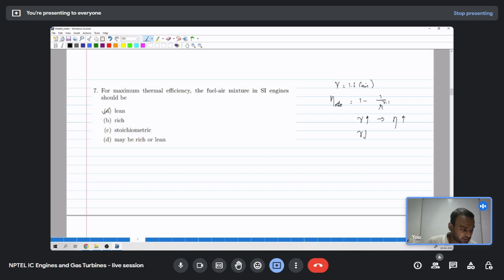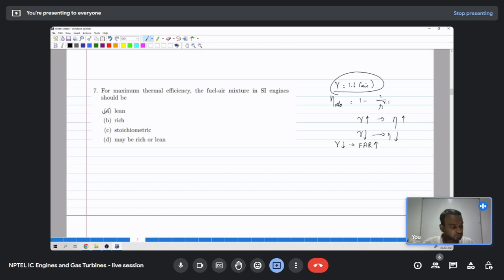When gamma decreases, efficiency decreases. When you have fuel mixed into the air as a working fluid, this gamma value changes based on the fuel, and generally for gasoline kind of fuels, this gamma value drops when you have more fuel in the air. So gamma value drops for high fuel air ratio.